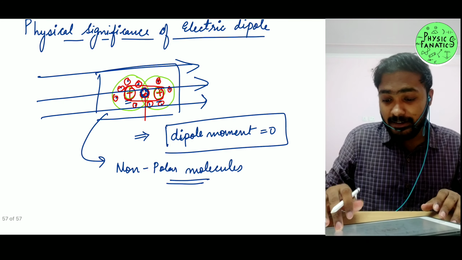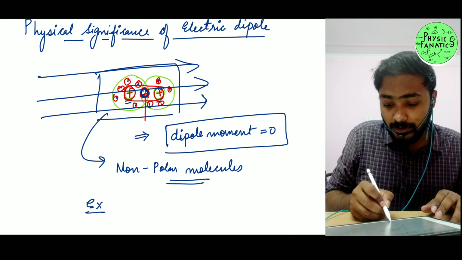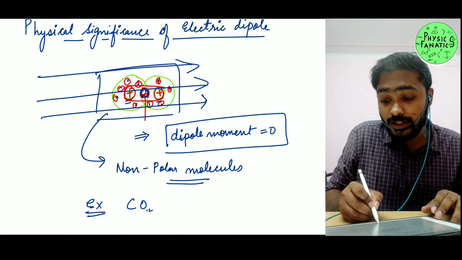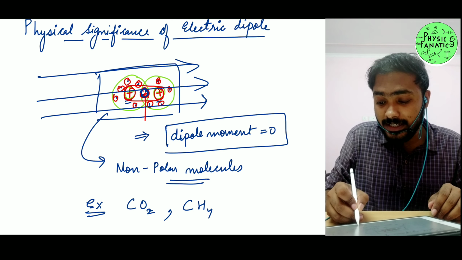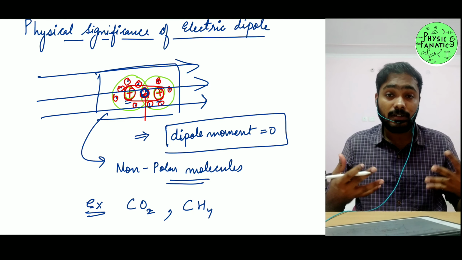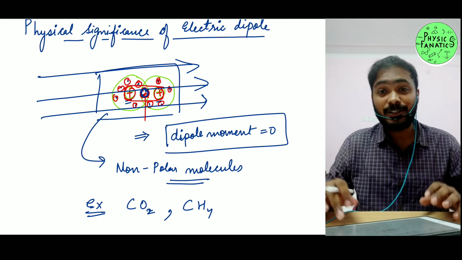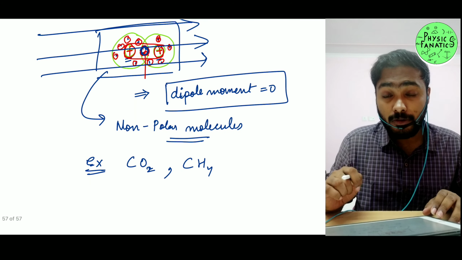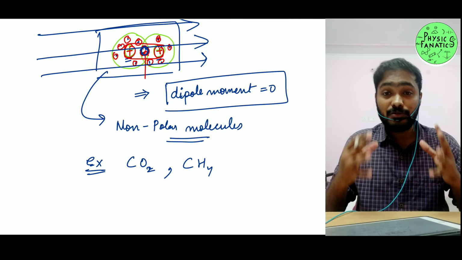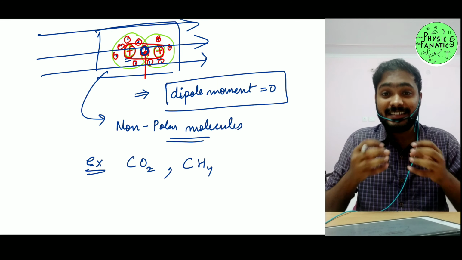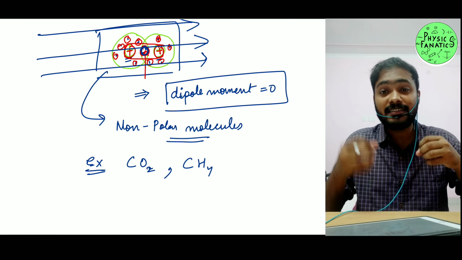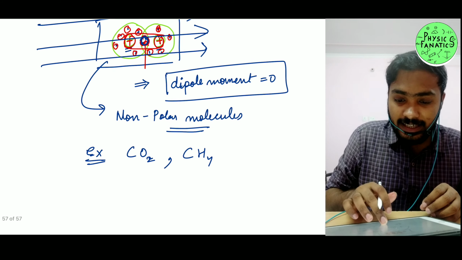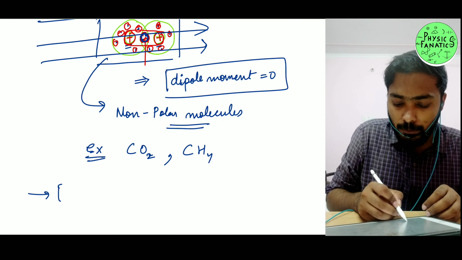Examples of these kinds of molecules: CO2 is a good example of a non-polar molecule. Then CH4 is again an example of a non-polar molecule, right? And the other type of molecule is your polar molecules. Polar molecules are those molecules which already have some distance between the positive center and the negative center.